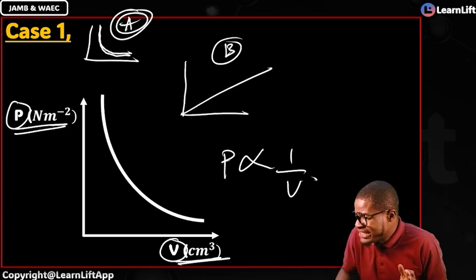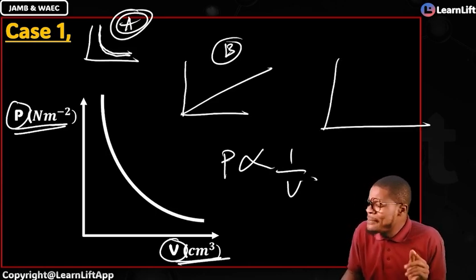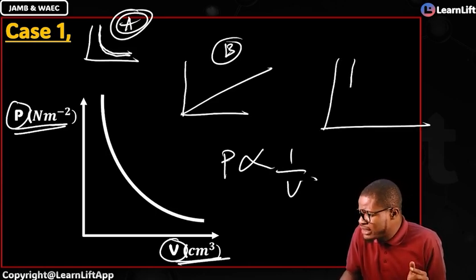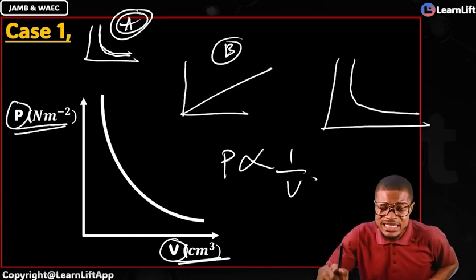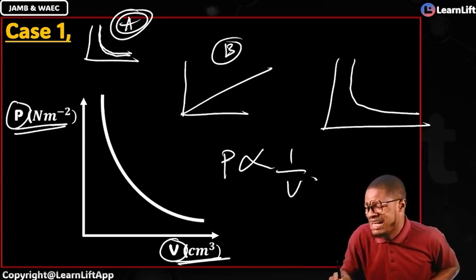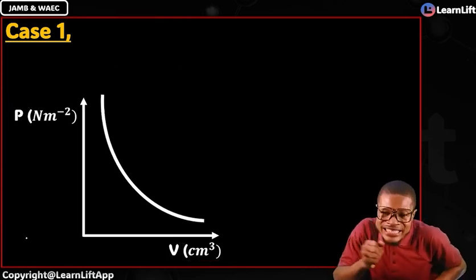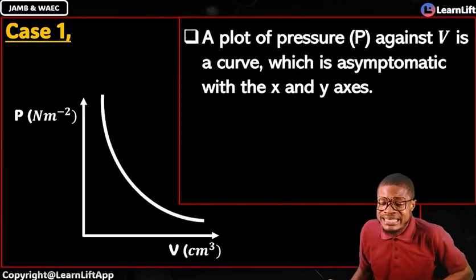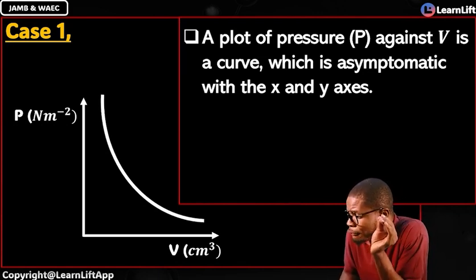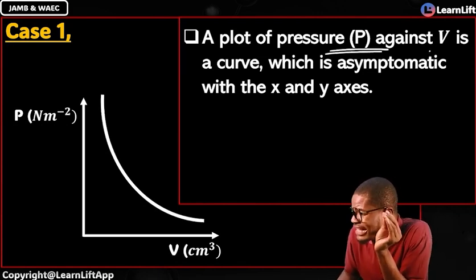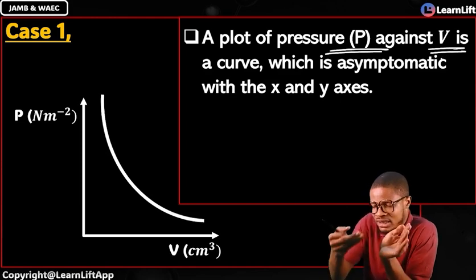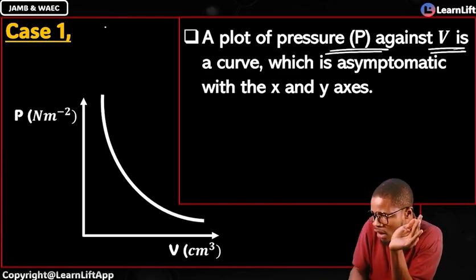If I see a graph like this anywhere in my dream, and then I see something of this nature, what does it mean, everybody? Inversely proportional. Two things to hold tight. Follow me. The first thing, number one, is a plot of pressure P against volume, with this curve going down.